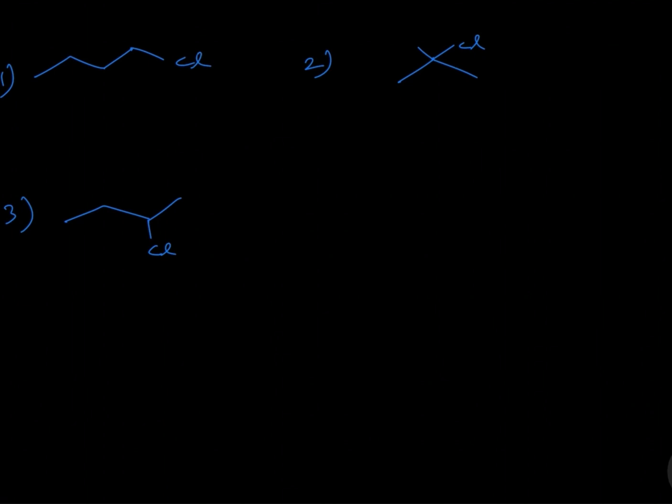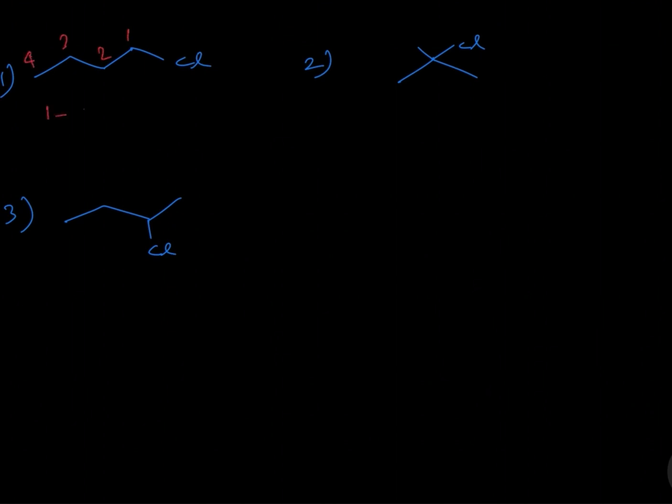Let us say we have these 3 molecules. Among these 3, which 2 are position isomers? So let us first find out the IUPAC names. Okay, so this is 1, 2, 3, 4.